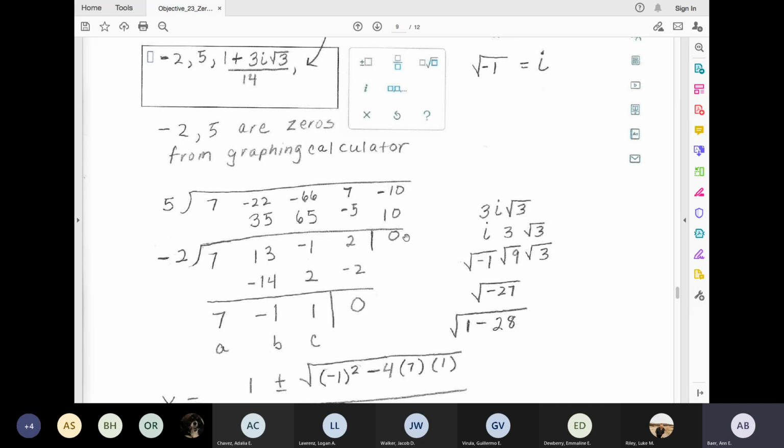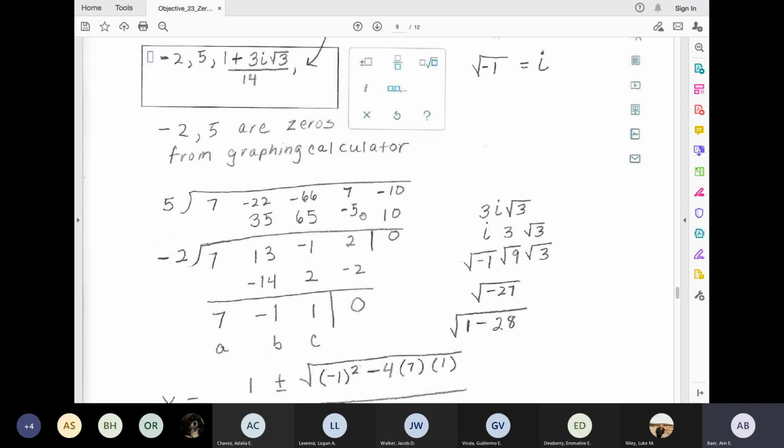Because we identified using the graphing calculator that 5 is a zero. Now, what I did is I made this look like a long division tab notation, and I put the -2 out in front, the other zero that's known.